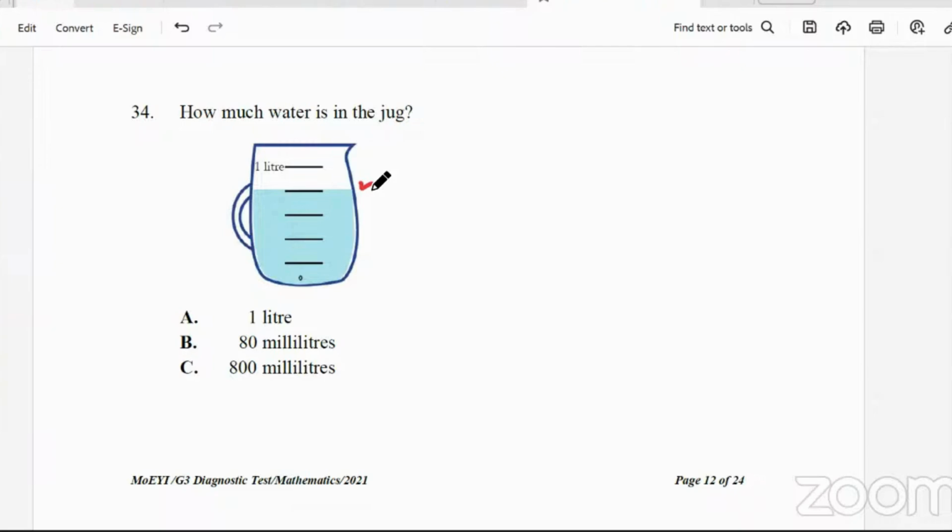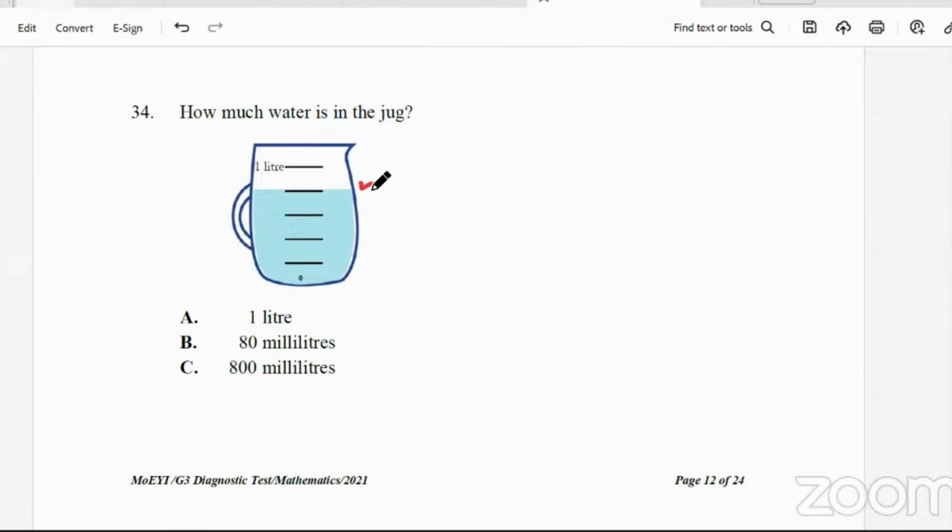It's not 1 liter. So what we need to do now is to figure out how many milliliters are actually in 1 liter. Okay, so would it be closer to 80 or 800? So it actually takes 1,000 milliliters to give you a liter. Okay, 1,000 milliliters to give you a liter.